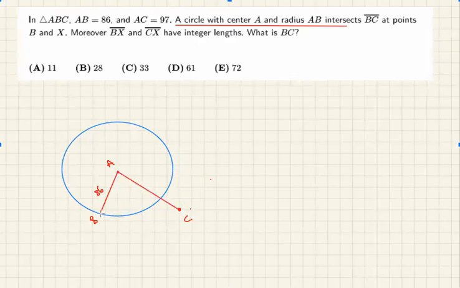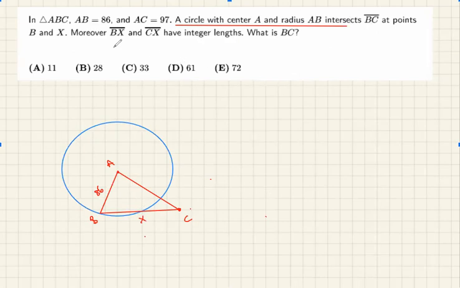And then when you connect B and C, that will intersect the circle at 2 points. One point is B, the other point is X. So this is already B, so that means this point has to be X. So far, I guess that looks good.